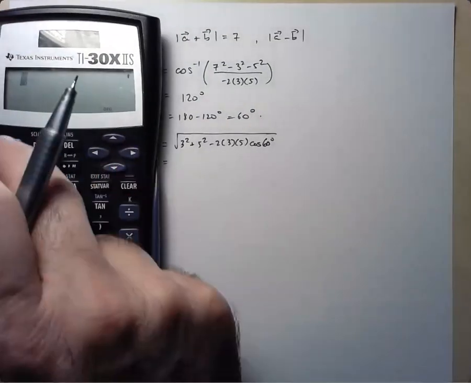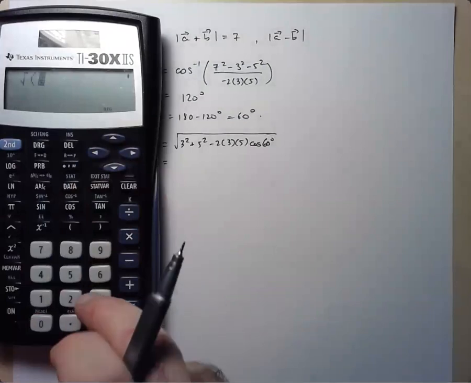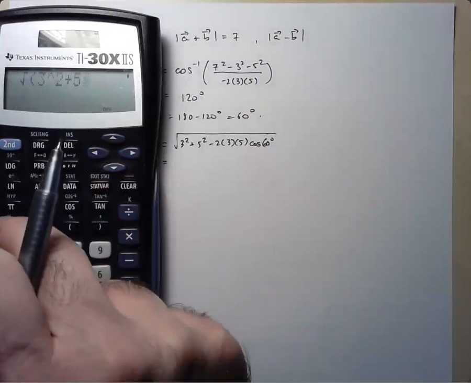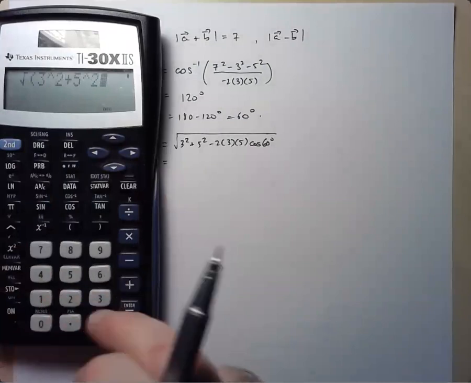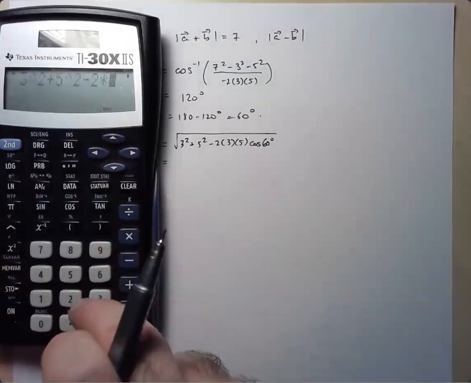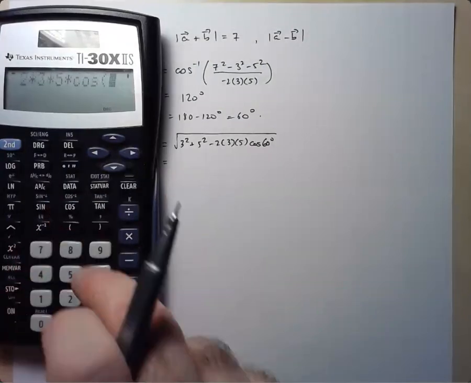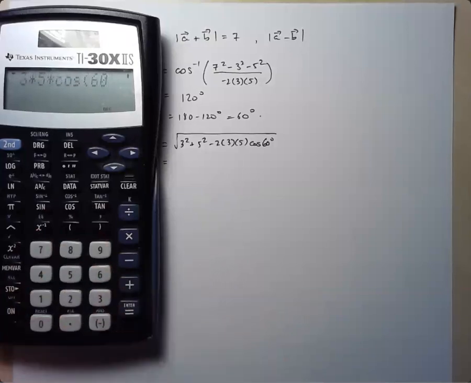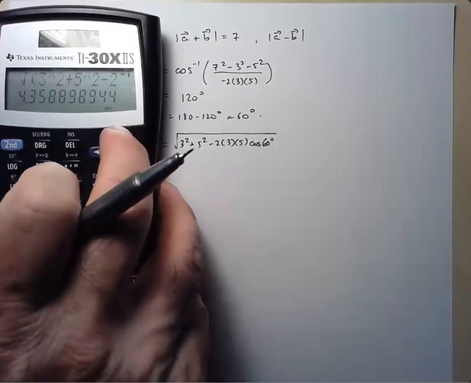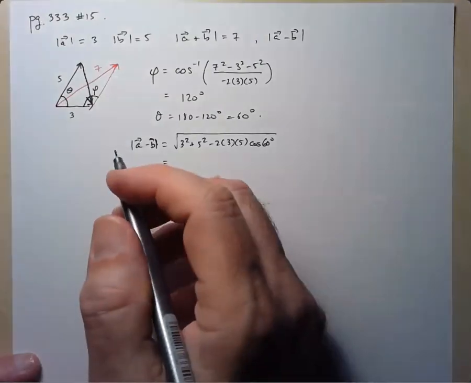So here we have the square root of 3 squared plus 5 squared minus 2 times 3 times 5 times cosine of 60. It looks like I have about 4.36, or 4.4.